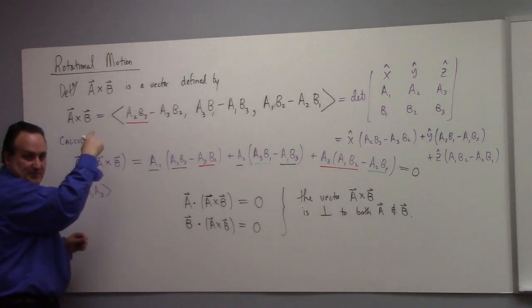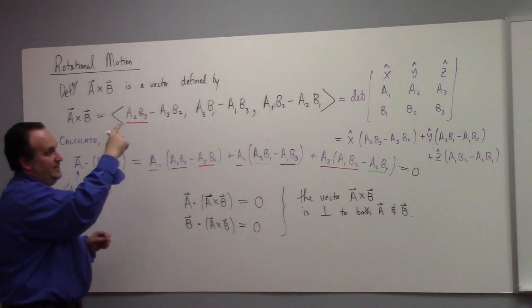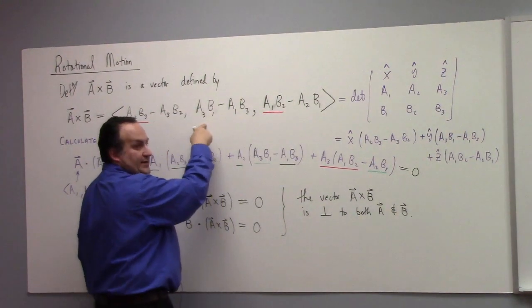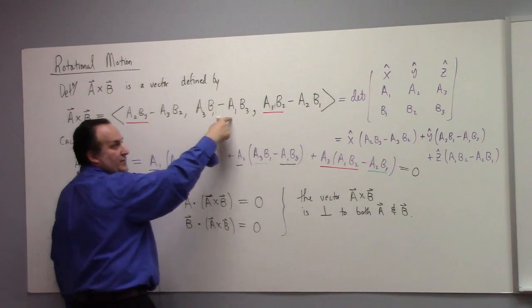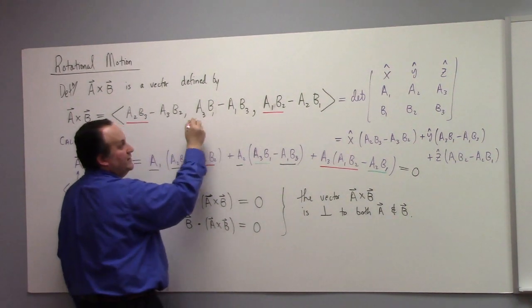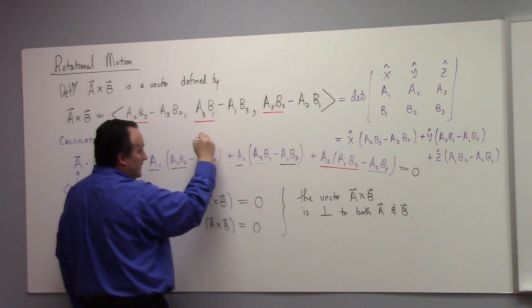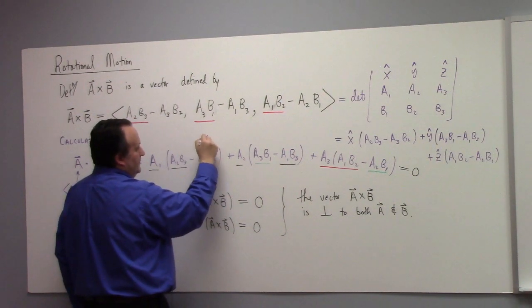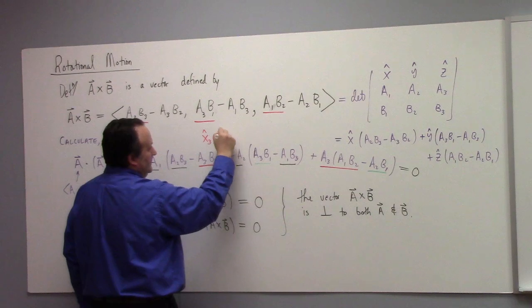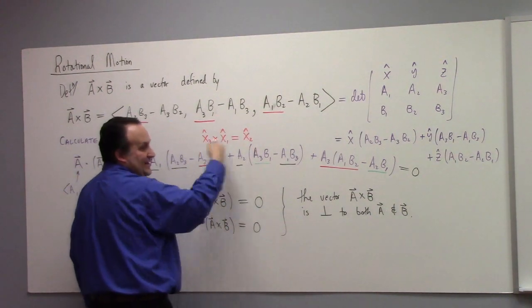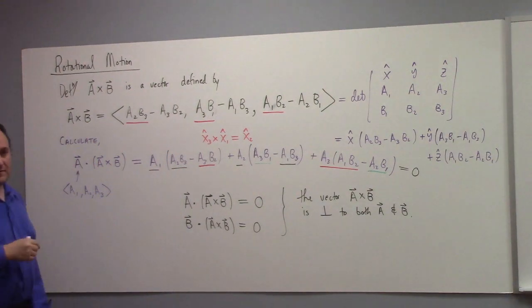That's the positive one, right? 1, 2, that's the positive one. But here, we don't do 1, 3 first, we do 3, 1. Why is that? It's precisely because x3 hat cross x1 hat is equal to x2 hat. And so to make this formula aligned with this right-hand rule, it forces us to put that in that order.